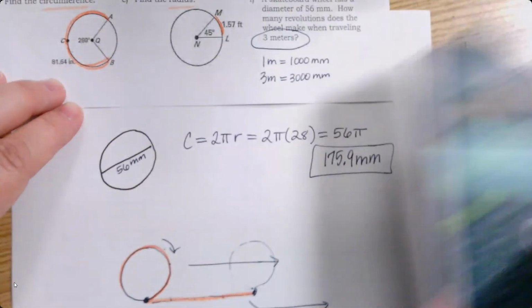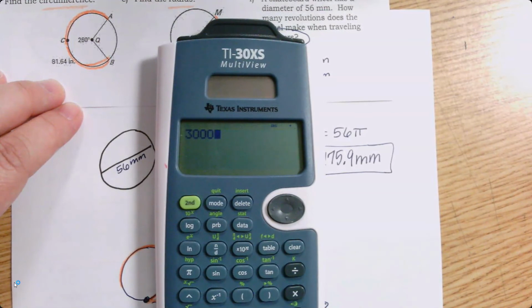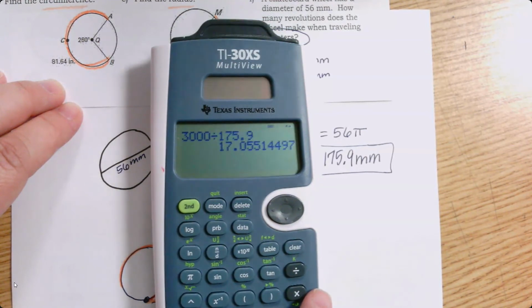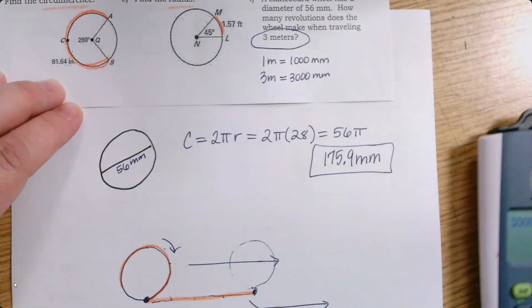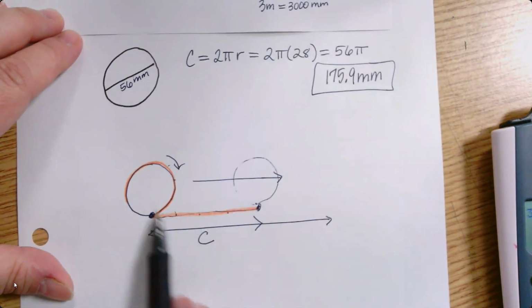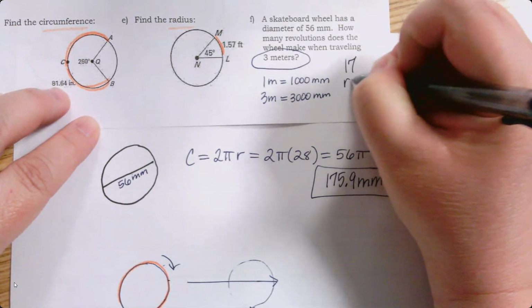So 3,000 divided by 175.9 gets me 17.05. And I think we're going to round that and say we would have 17 circumferences, which means 17 revolutions. So 17 revolutions.